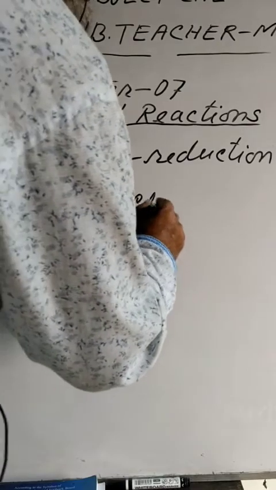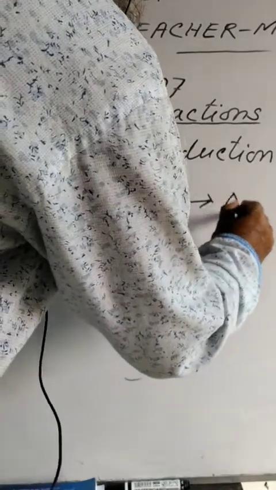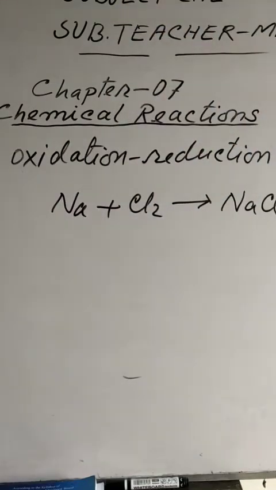Sodium plus chlorine react with each other to produce sodium chloride. Here, the reaction in which the oxidation number of an element increases is called oxidation.